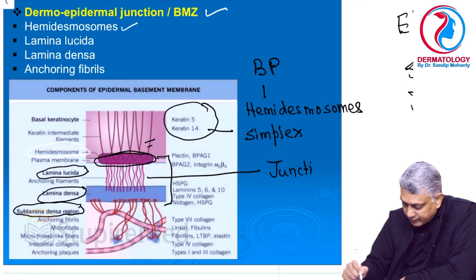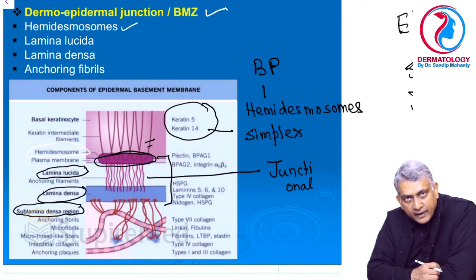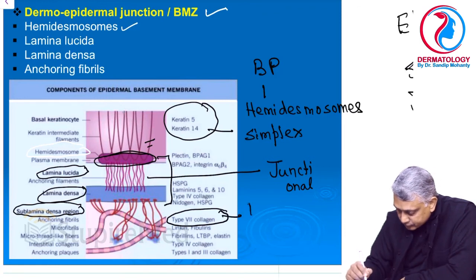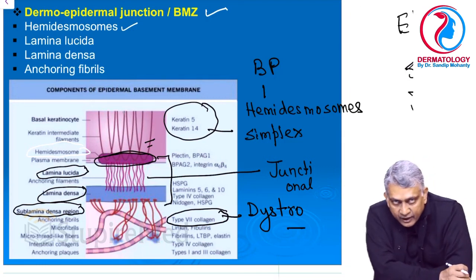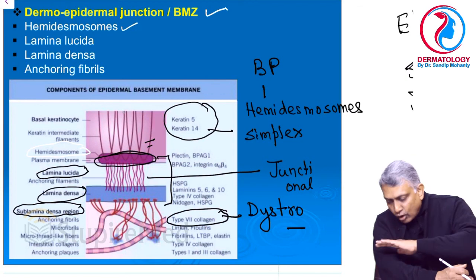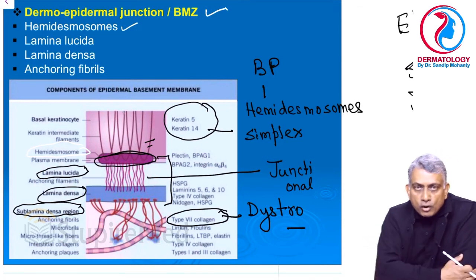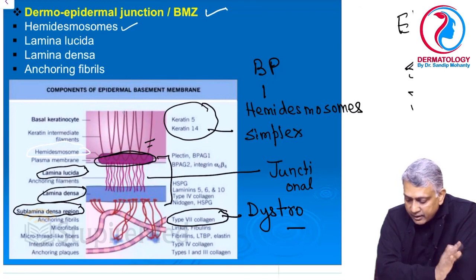And the genetic defect in dystrophic variant is in type 7 collagen in anchoring fibrils. All these are important for MCQ purposes. Questions have come on these, right? So this is all one should know about dermoepidermal junction, or the basement membrane zone.